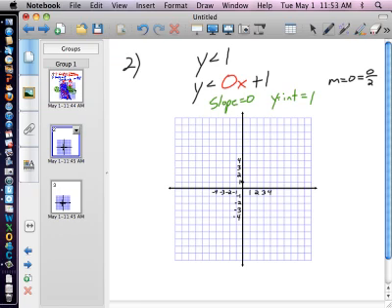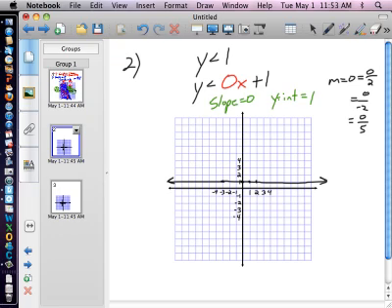We'll put 2. But it could mean 0 over -2 or 0 over 5 or something like that. So all we need to know is you go up 0 and you go over every amount. So we could go up 0 over 1 or up 0 over 2 and over, we could go left. So up 0 over -3. What we'd find is we have all these points on this line.